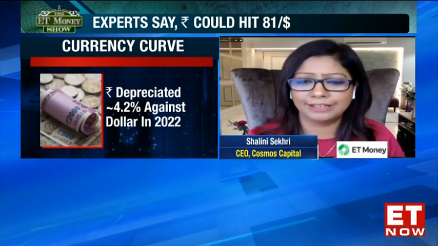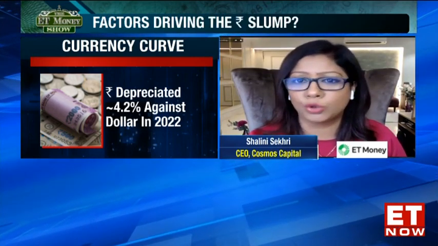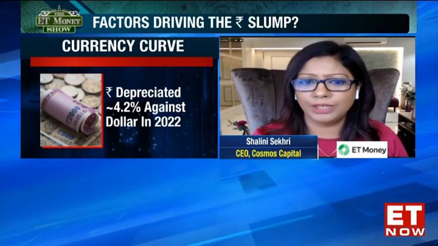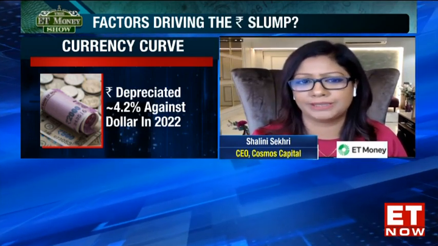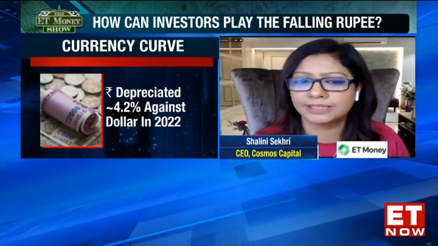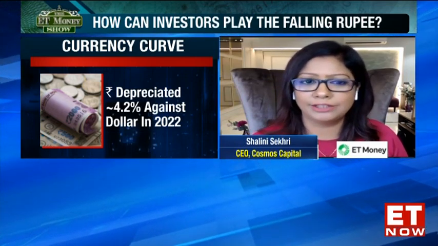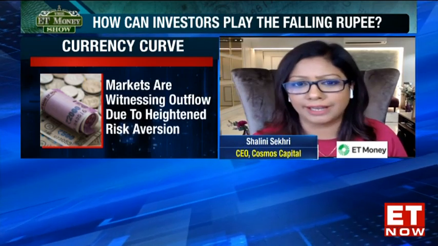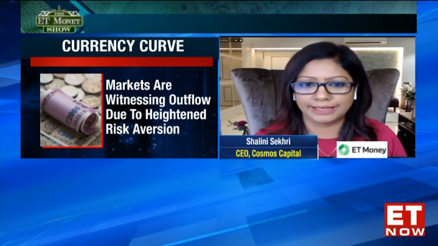So again, if we take numbers, the long-term US inflation is about 1 to 2%. That same number for India is more like 4 to 6%. So when we look at the differential of 3 to 4% between the inflations of the two countries, we can safely assume that the rupee will depreciate in the longer run, if you give it a cycle, against the dollar by about 3 to 4%.